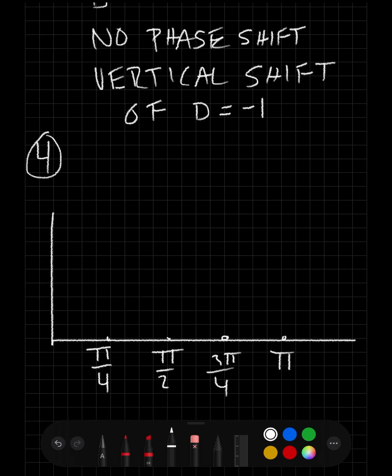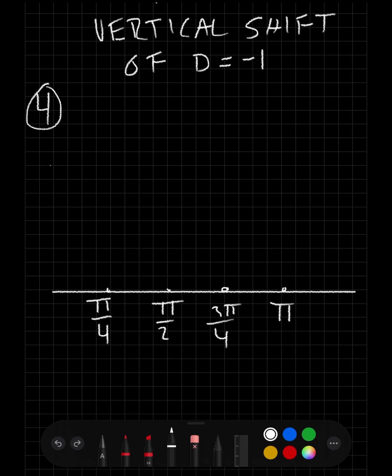And so that puts 0 right there on my x-axis. Let's draw this really nice. And I remember that my amplitude is equal to 3, and that I have a vertical shift to worry about. So I'm going to give myself at least 4 little tick marks. So here's 1, 2, 3, 4.